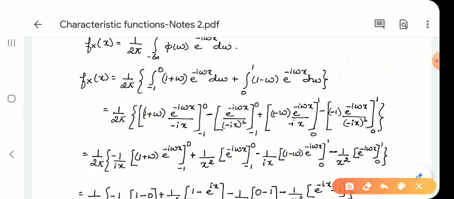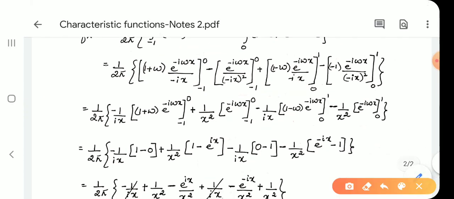So when we simplify this, we get 1 by 2 pi into, I will take this minus ix in the denominator as a common factor outside. So it becomes minus 1 by ix, and I have to apply the limit for 1 plus omega into e power minus i omega x.